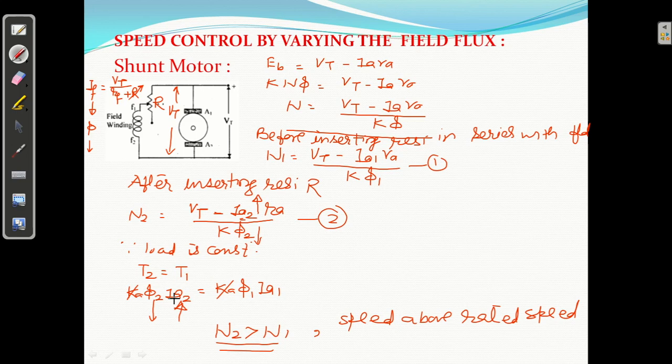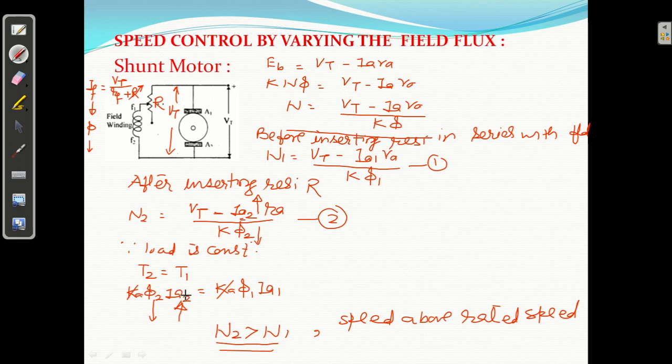Both these factors, high speed and high armature current, create a commutation problem. Commutation problem means sparking may start at the brushes. This is the first disadvantage.